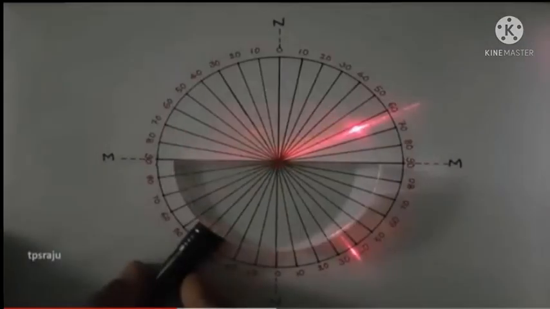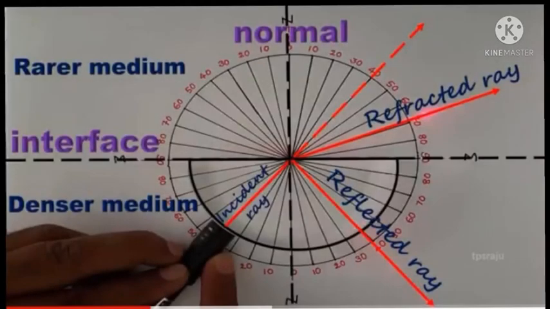When we send laser light to glass slab, it bends away from the normal. Light rays travel from denser medium to rarer medium.